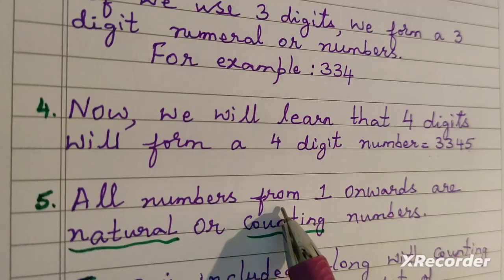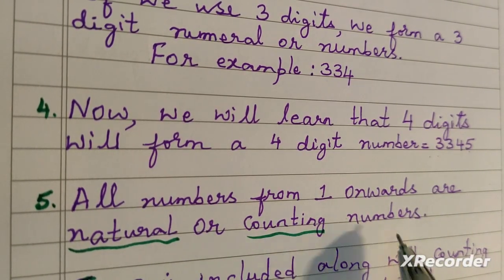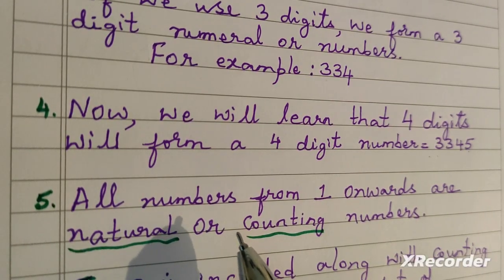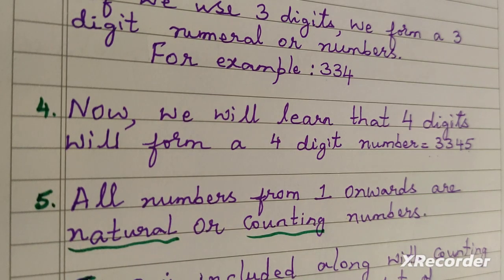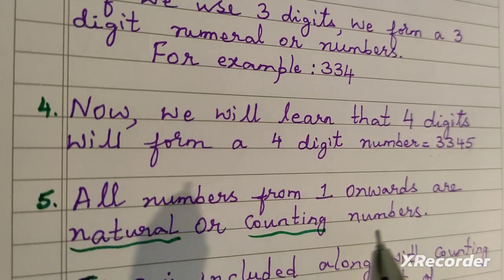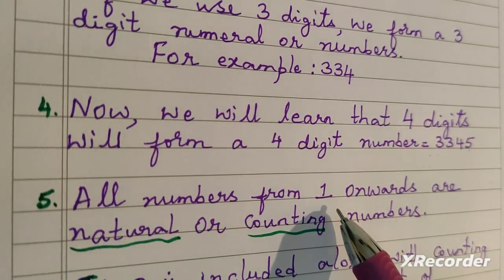All numbers from 1 onwards are natural or counting numbers. Suppose you start counting numbers. You start from 1. 1, 2, 3, 4, 5, 6, 7, 8. Like that it goes on. You don't start counting from 0. Okay. You start counting from 1.